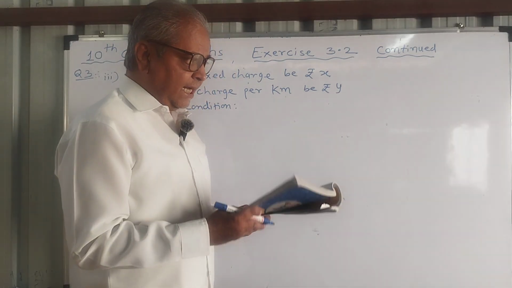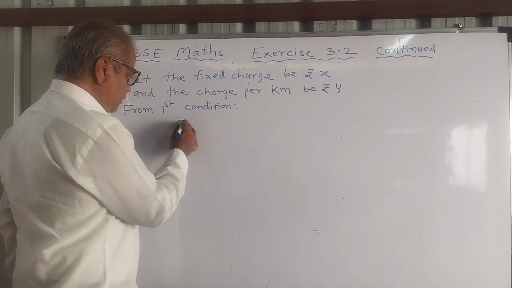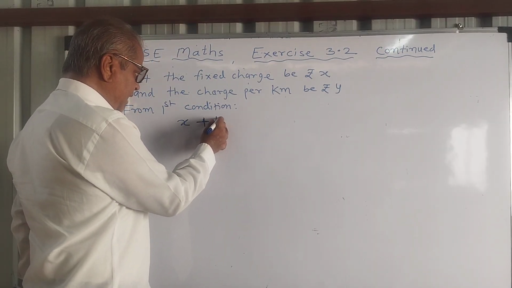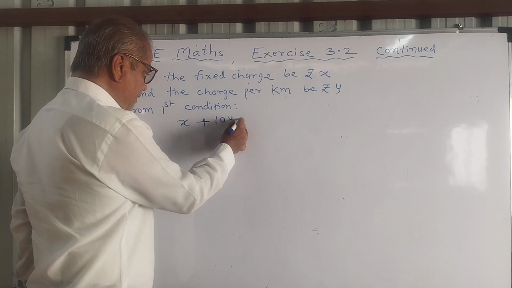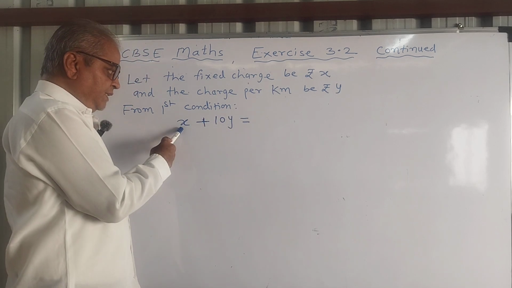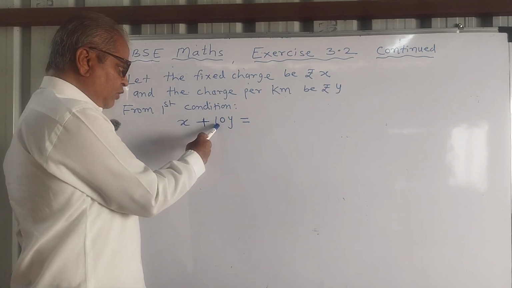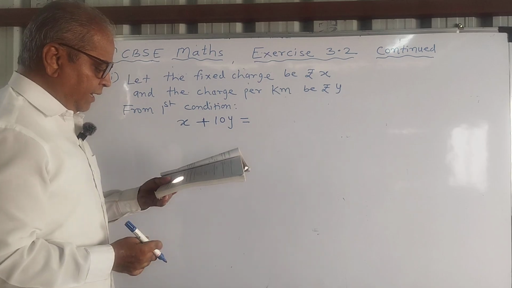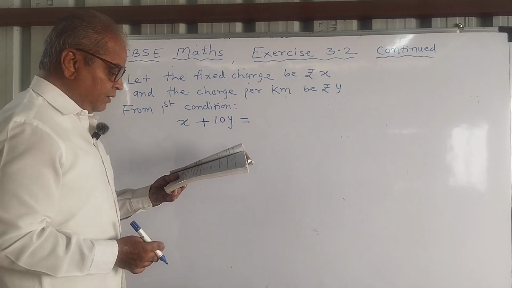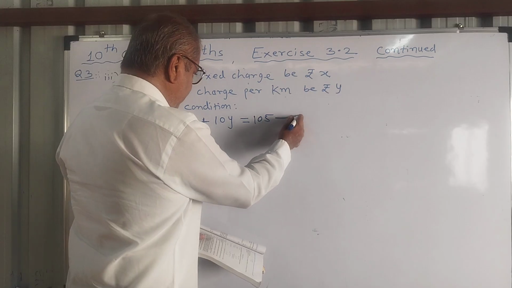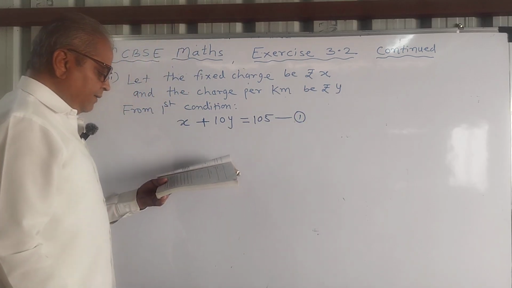So fixed charge x rupees plus for 10 kilometers the charge will be 10y. So x plus 10y. The total amount he paid in this condition is 105, and this will be equation number 1.